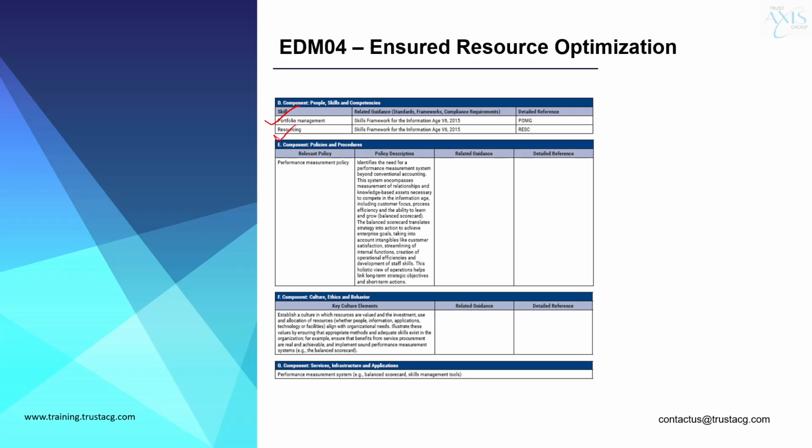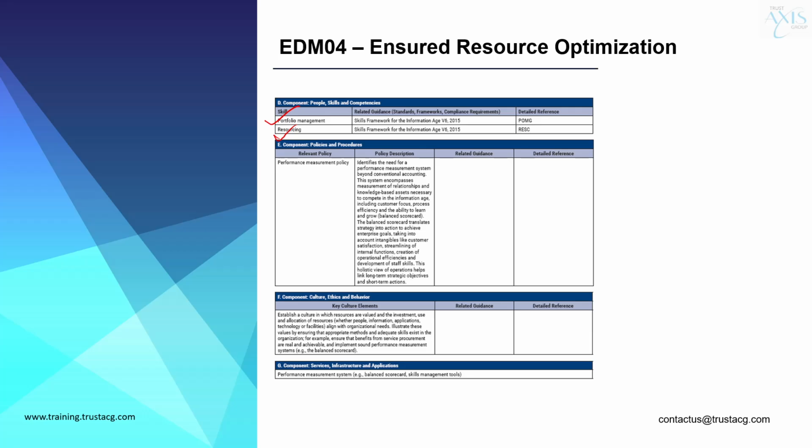Okay. Then there is another skill that you must be looking out for in the people who are involved in ensuring resource optimization, which is around the resourcing skill set. This skill is again drawn in from the skills framework from Information Age. And it ensures that the enterprise has the right people with the right skills at the right time to deliver on its strategic and operational commitments.